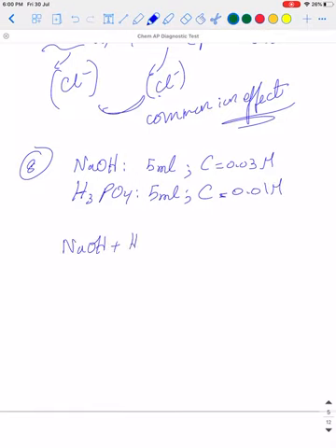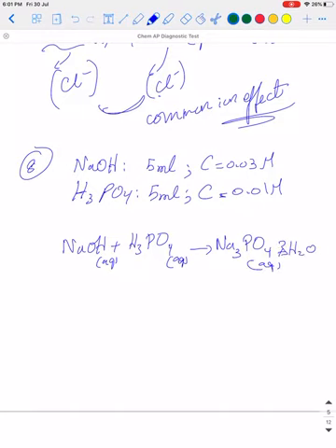So let me write the equation of the reaction, because stoichiometry, as usual, always matters. It gives sodium phosphate plus water, and definitely it needs balancing. Now it's balanced. Let me see what will happen when they react.